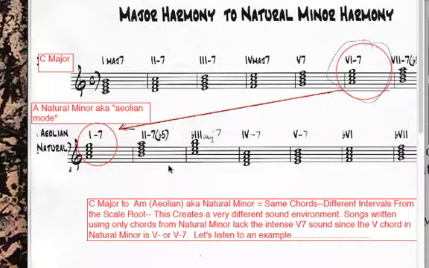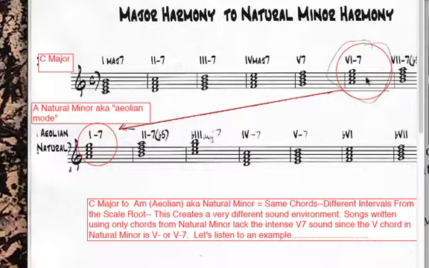So they have the exact same chords, and therefore the tensions that are going to be available for these chords are exactly the same as their counterpart in the major key, so that A minor in A minor has the same tensions as A minor in C major.